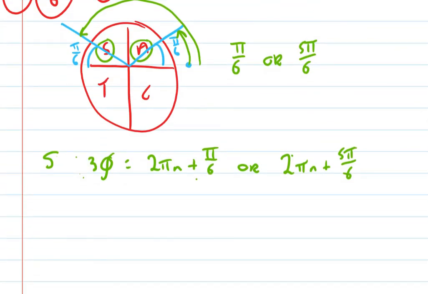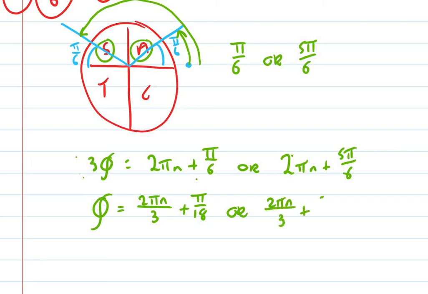Okay, remember, we want to find out what theta is, not what 3 theta is. So we just divide by 3 the whole way across. Divide by 3 here, we get theta. Divide by 3 here, we get 2 pi n over 3 plus pi over 18, or 2 pi n over 3 plus 5 pi over 18.